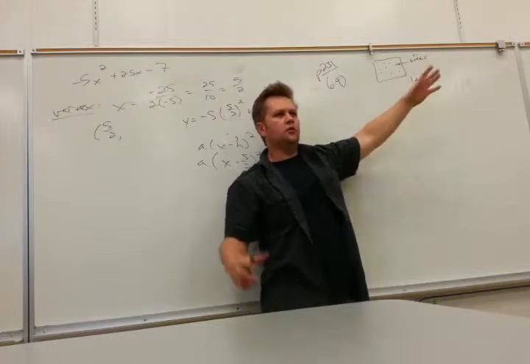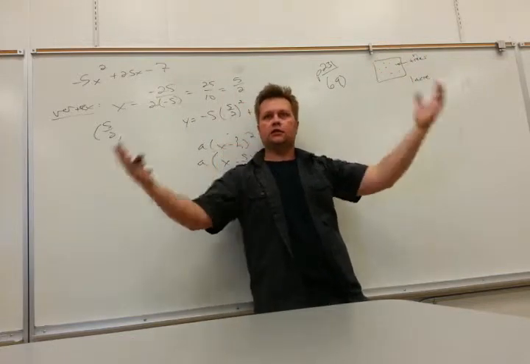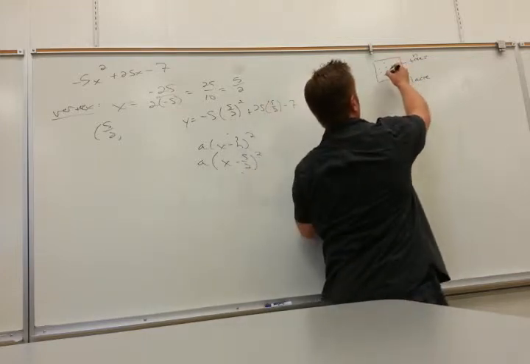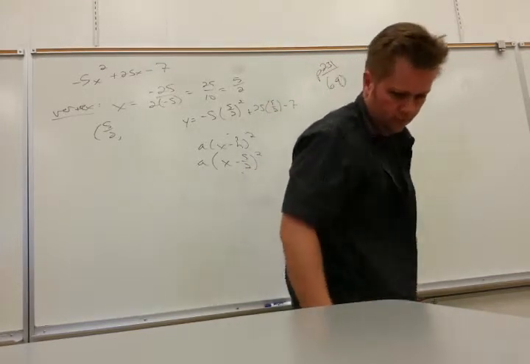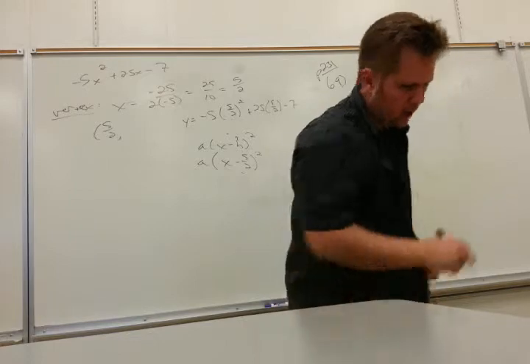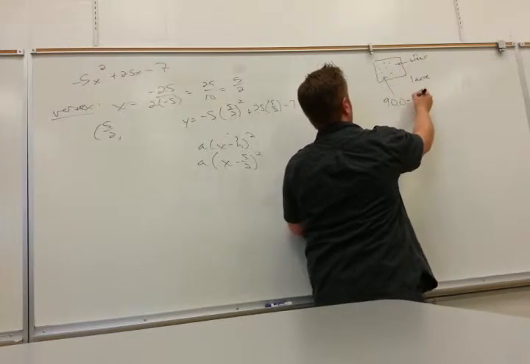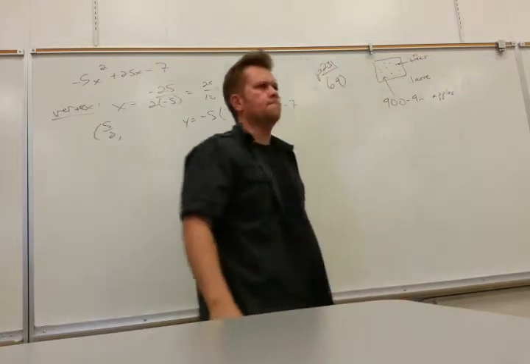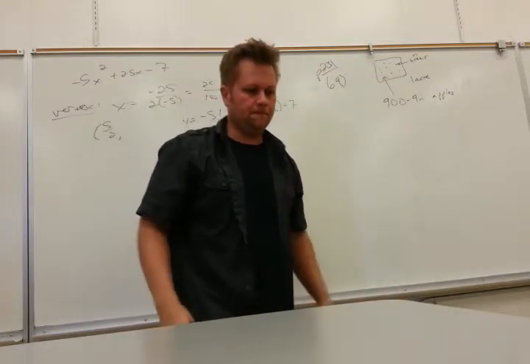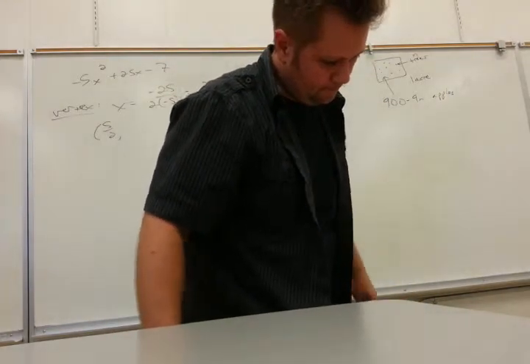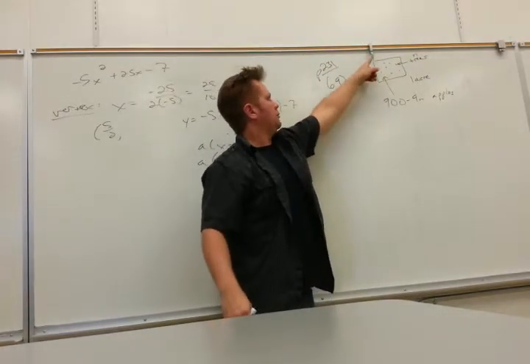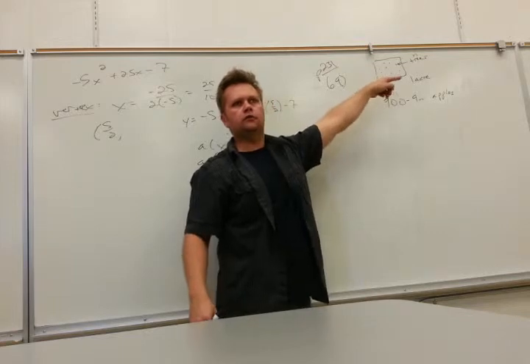All right, the idea here is the more densely you put trees in, the less yield each tree is going to experience. So if each tree produces 900 minus 9n apples, how many apples are there total for that acre?